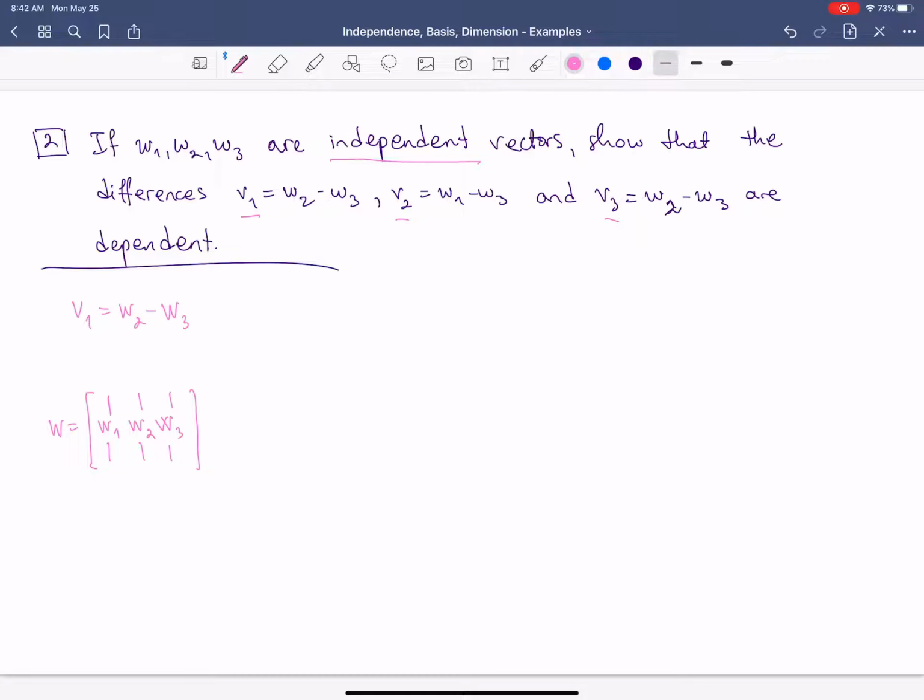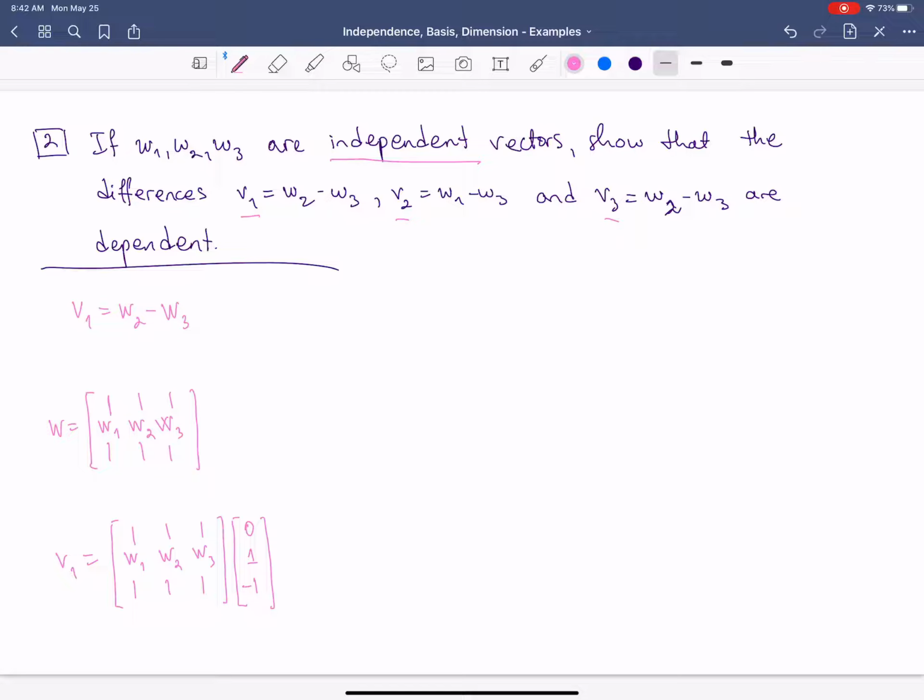So I could write v1 as this matrix W, so the vectors are w1, w2, w3. And now how do I combine them? Well, I don't take w1, so there is a 0. I take w2, and then I subtract w3. Okay, so v1 can be expressed as this matrix multiplication.